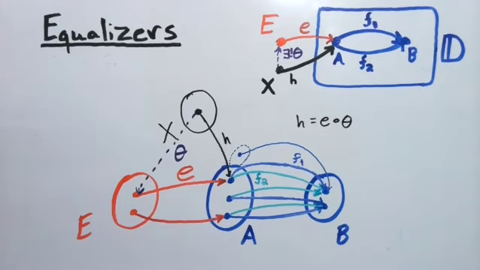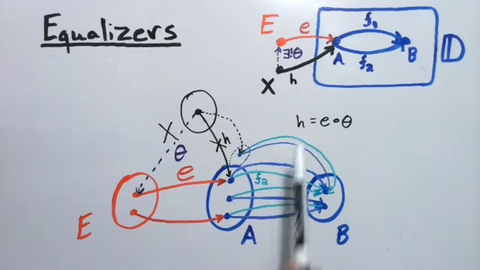So this new element agrees for F1 and F2. They get sent to the same thing. So the composition of H, this new H with F1 and H with F2, would still be good. So this would still be a cone over this diagram D, right?